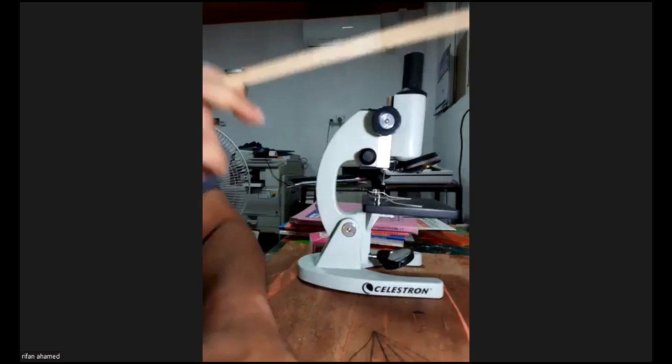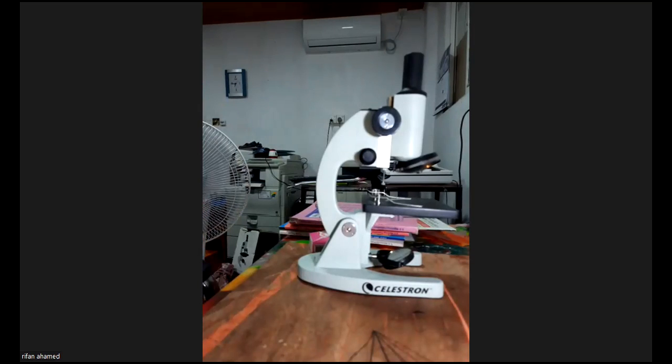Now, in the picture you see another two things. I think I didn't show you. Yes, sir. What are those two things? Objective lenses.